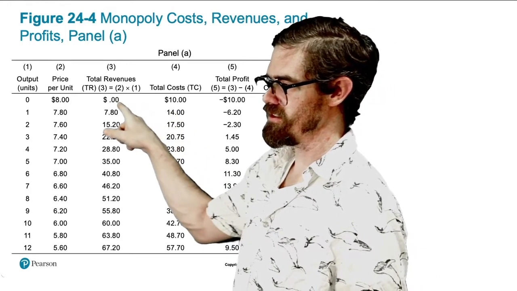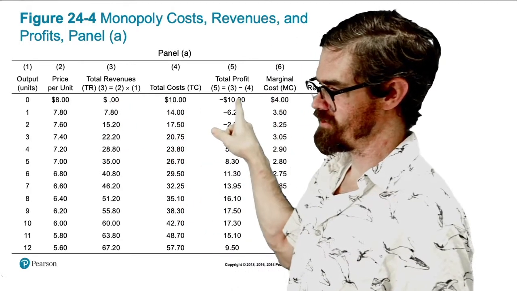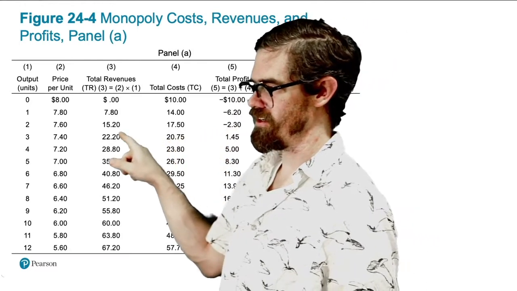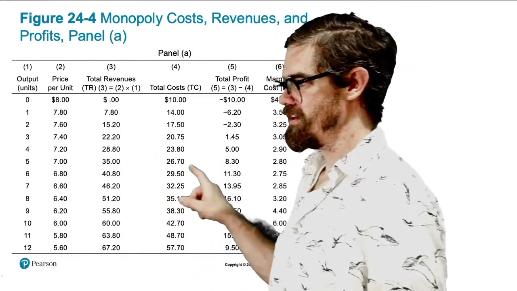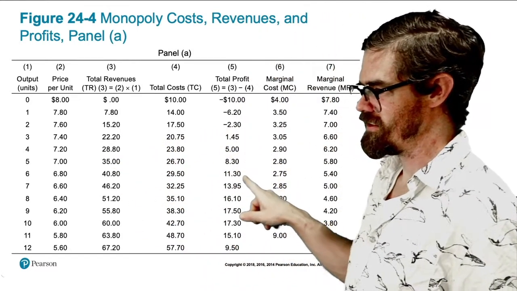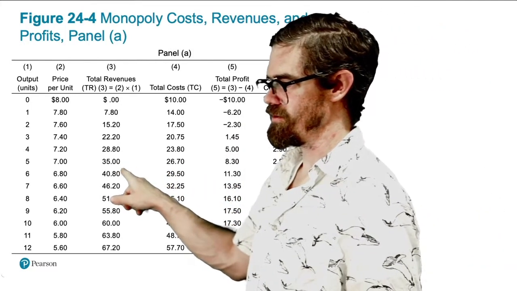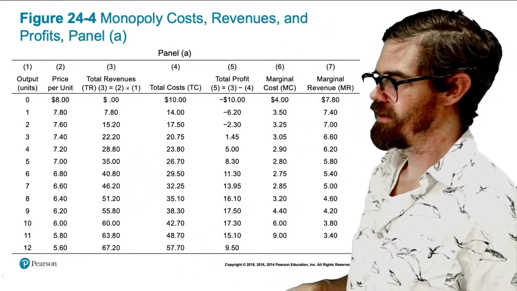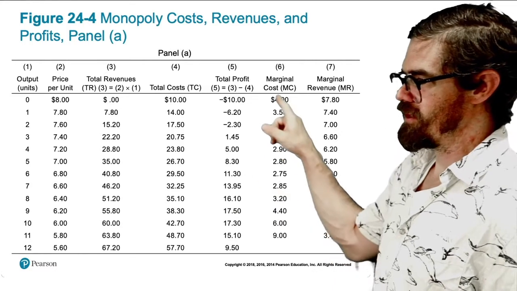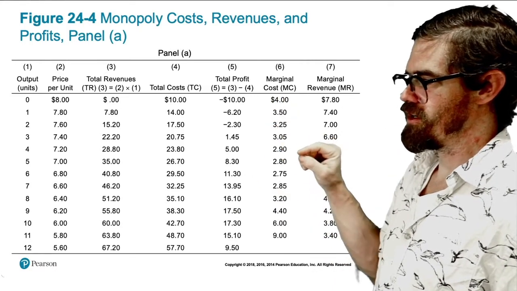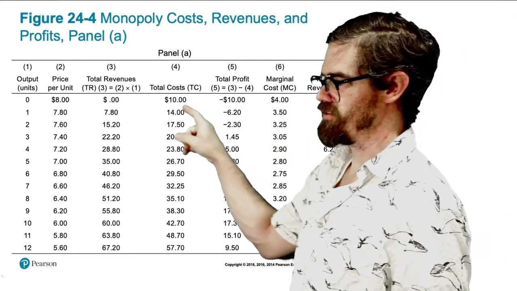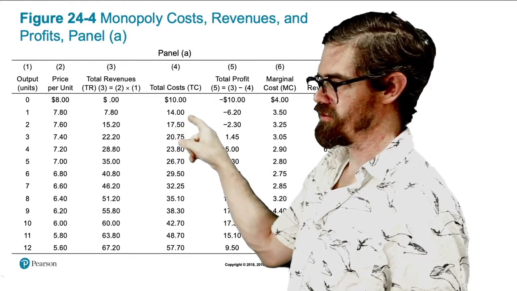So in this case, 0 minus 10 is negative 10, so a loss of $10 there. Then you can verify for yourself that these numbers are just the difference between column 3 and column 4. And then we're given marginal cost here. So where is marginal cost coming from? Well, it's just the difference between total cost going from one row to the next.